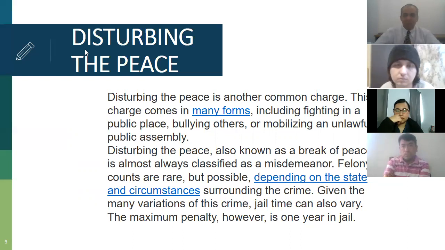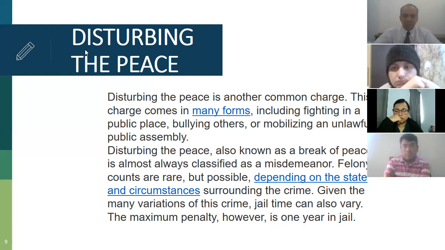Disturbing the peace is another common charge. This charge comes in many forms, including fighting in a public place, bullying others, or mobilizing an unlawful public assembly. Disturbing the peace, also known as a breach of peace, is almost always classified as a misdemeanor.